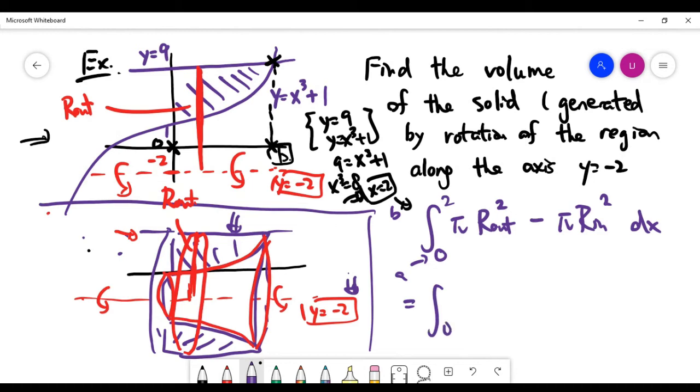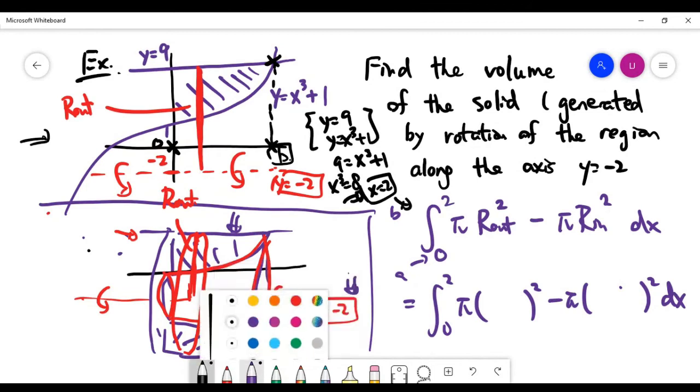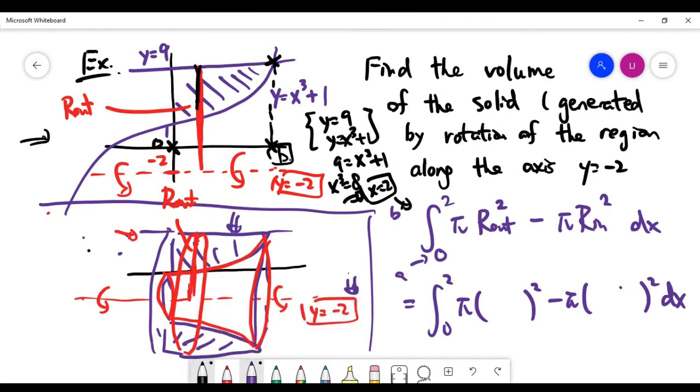The second step is to write down exactly what R out and R in are. Let's think about this problem very carefully. Please look at the outer radius. Maybe I use a black color here to make it clearer. This outer radius is the radius of the circular disc, the outer disc, which will generate the outer solid, right?